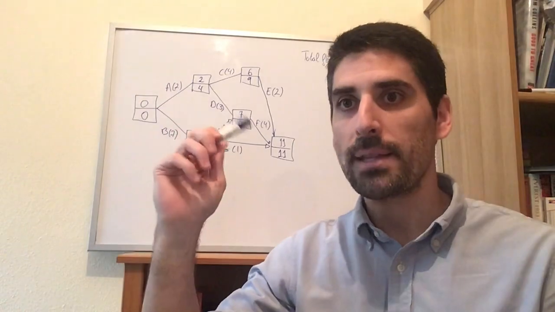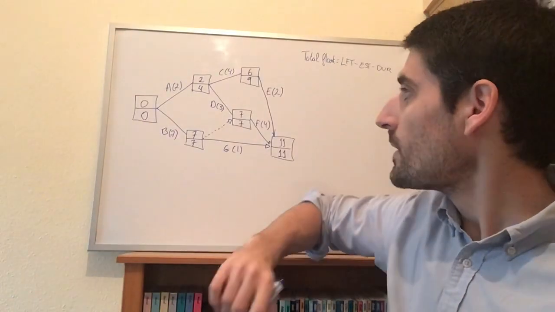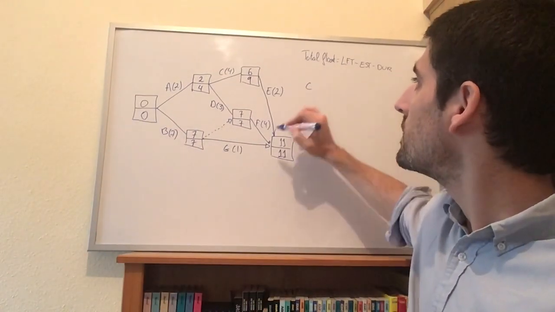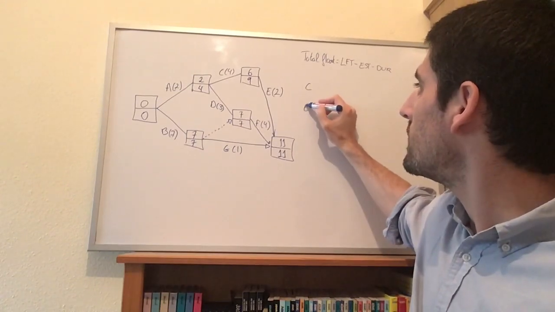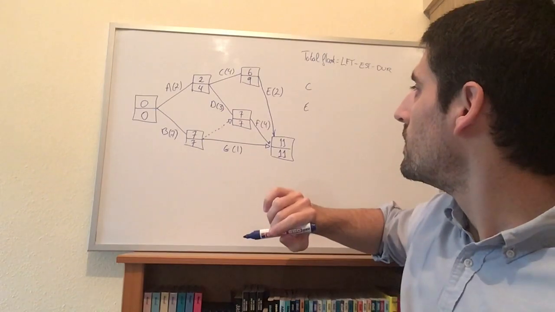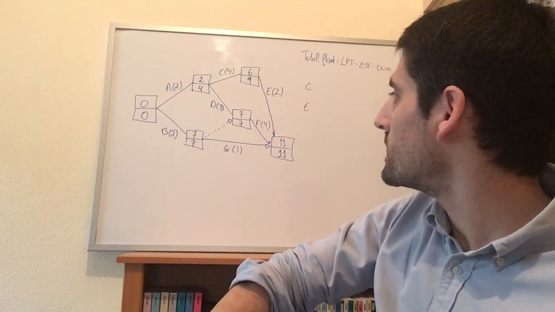So back in my example here, let's find out which are the non-critical activities. Looking at it, activity C and E are the non-critical activities.